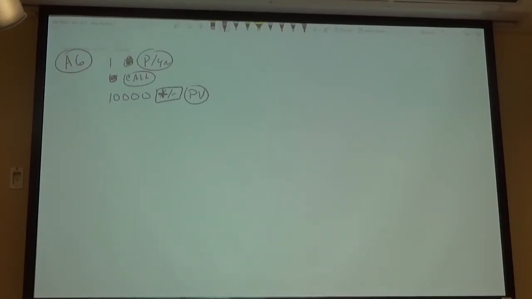The contract is going to pay him $3,000 as a payment for 5 years. So the question is, what is going to be his rate of return? Okay, so let's start with that. All right?